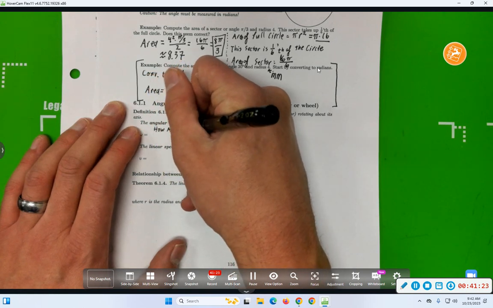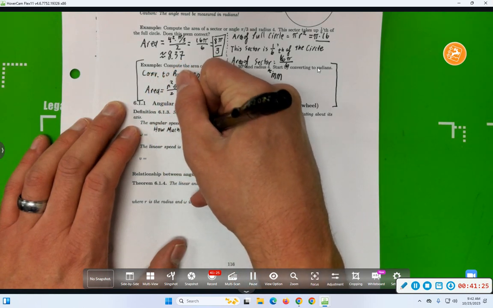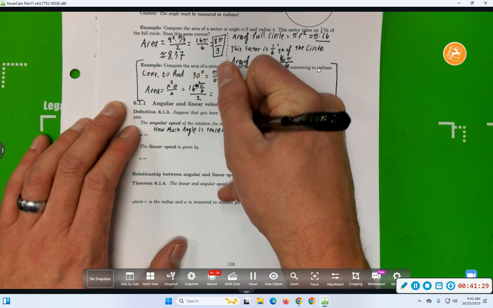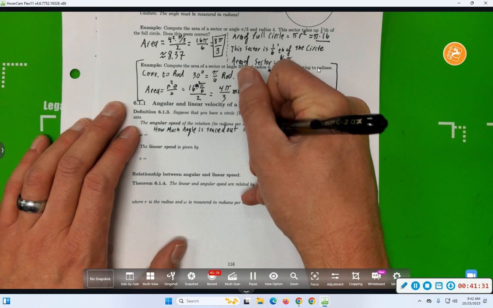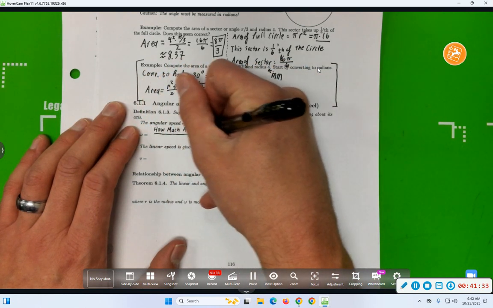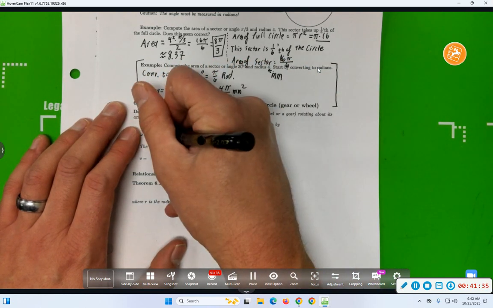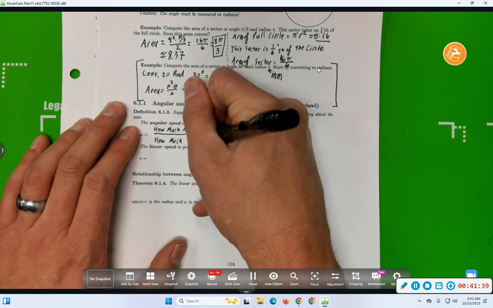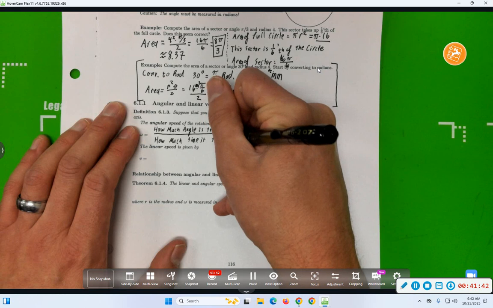How much of an angle is traced out, divided by how much time it took.